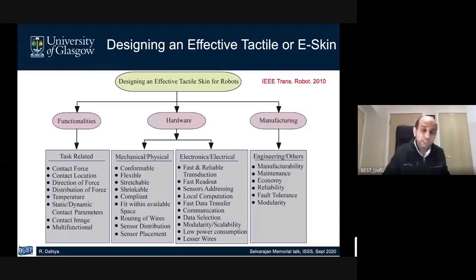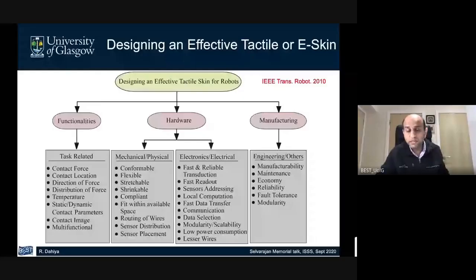And other aspects such as wiring complexity, etc., need to be considered. And once you consider all these, you cannot forget manufacturing aspects. So this must be manufacturable, easy maintenance, low cost, reliable, and some of these aspects need to be considered.